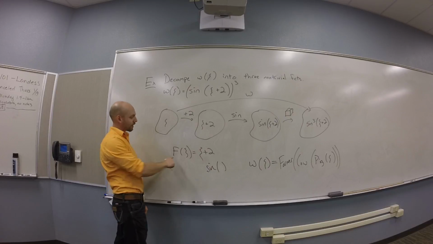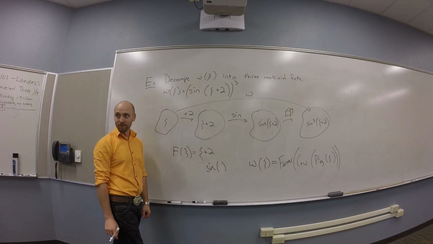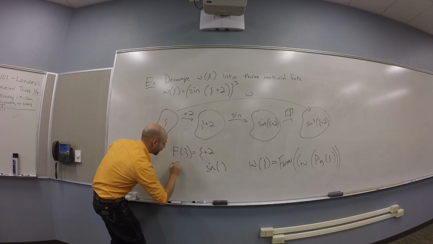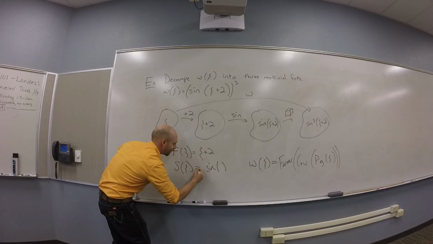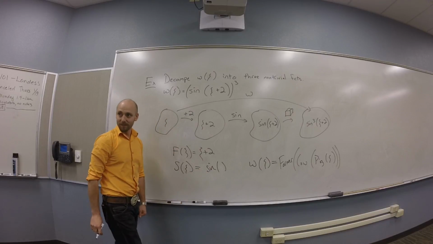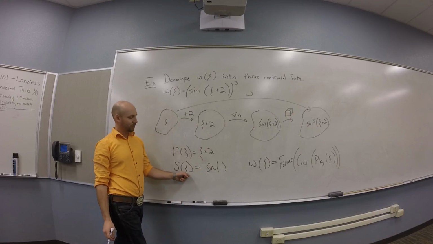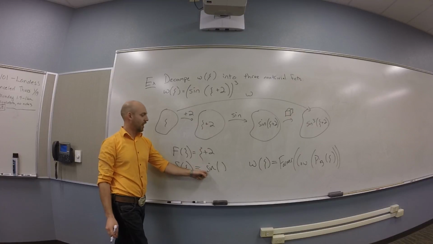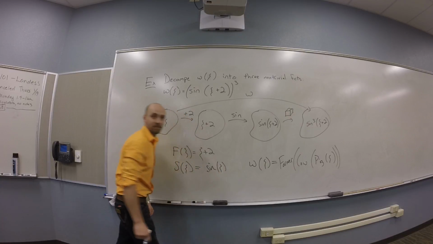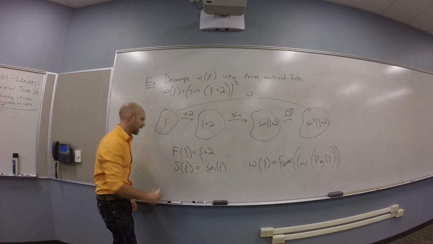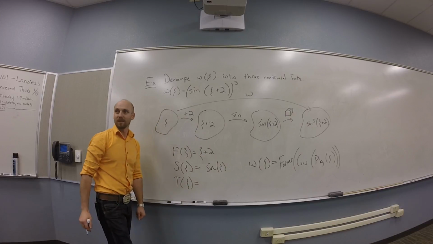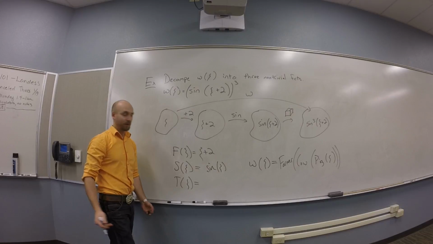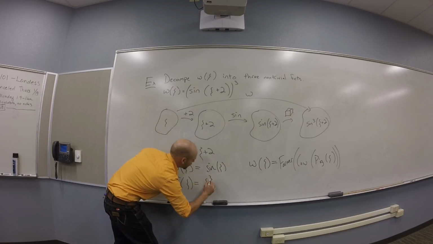Okay, so that was called F because that was my first function. Then I'm going to do S, and I'm going to leave my variable alone because we're going to be boring. And the second function that we do to Cassie's is sine of Cassie. And then the third function, T of Cassie, is what? Cubing. So that's going to be Cassie cubed.